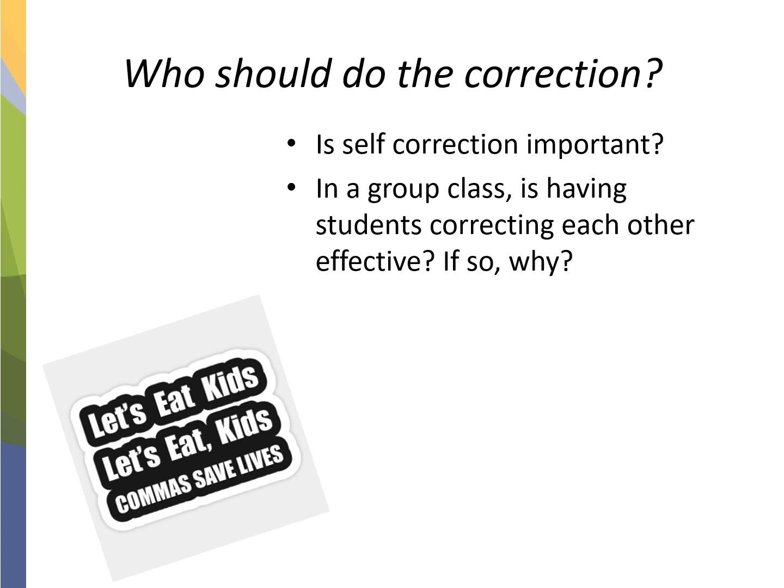Should it always be the instructor, or should the student be able to self-correct? Is self-correction an important skill to learn? And then, in your opinion and in your experience, is having students correct each other in a group class effective? If so, why or why not?